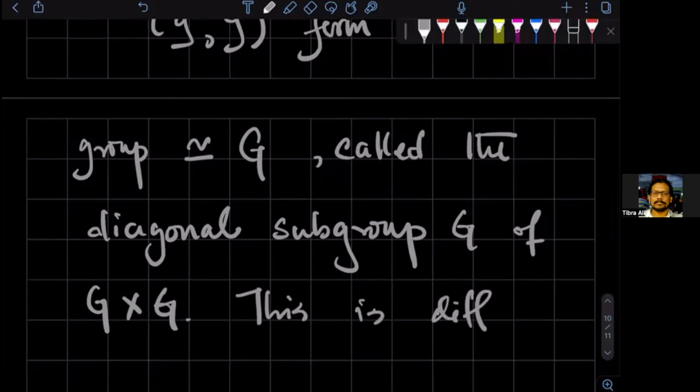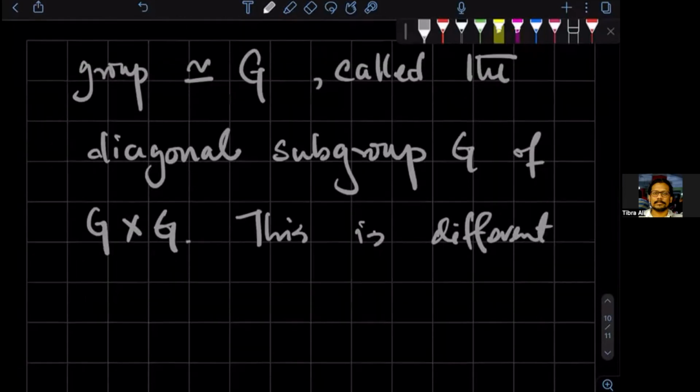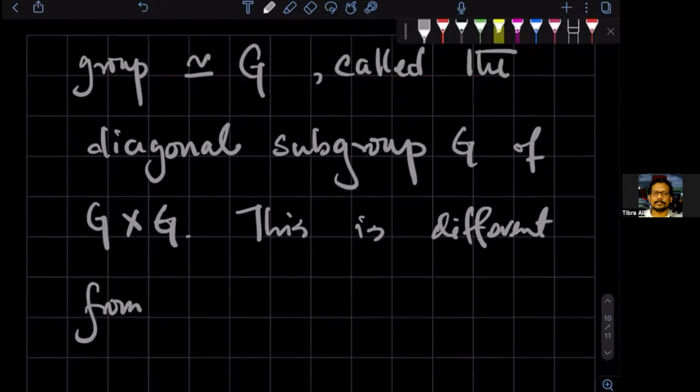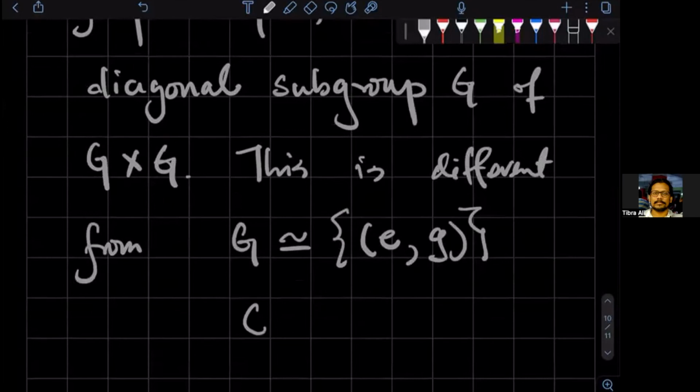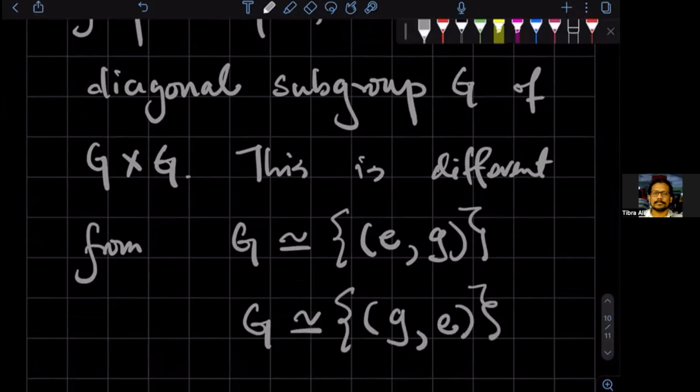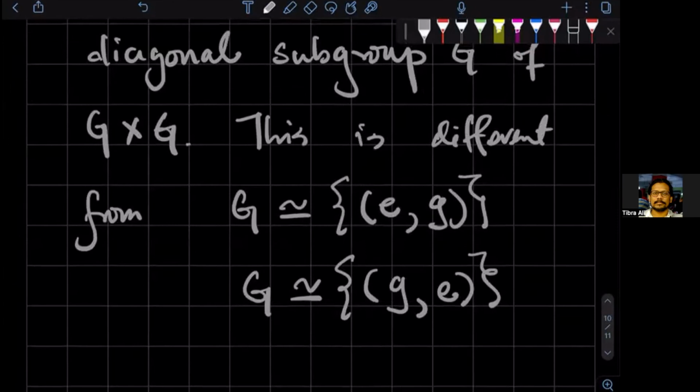So this is different from, say, the G which consists of the identity element from the first group and all the elements from the second group, or the G which consists of all the elements from the first group and the identity element from the second group. So this is different.